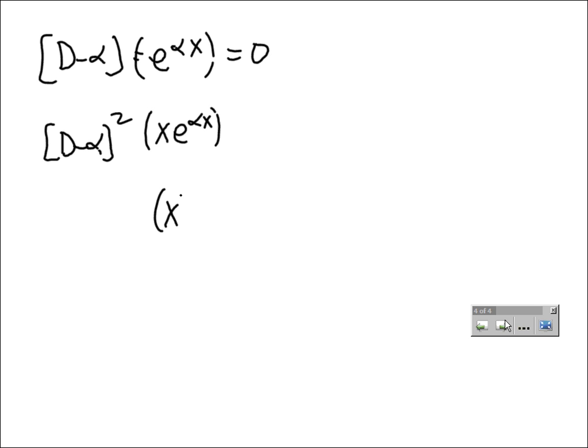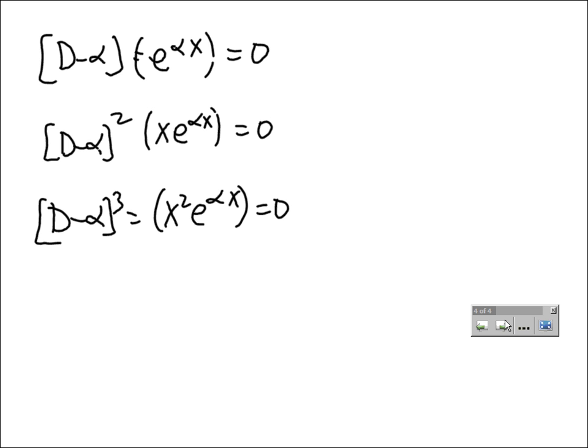And when you have x squared e to the ax, and you want to annihilate it, you want to get it to 0, do d minus a 3 times. So if you had d minus a to the nth power, what should the power of x be?